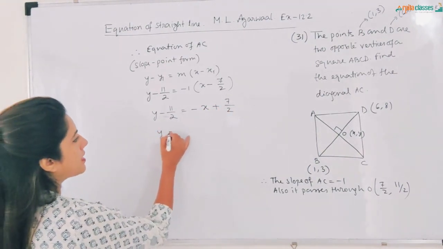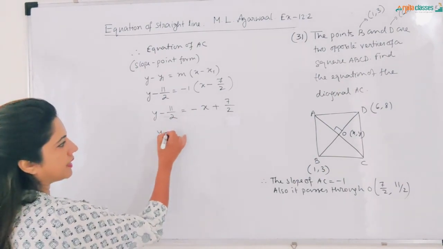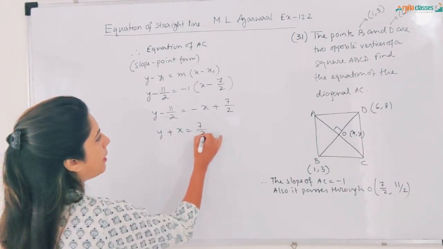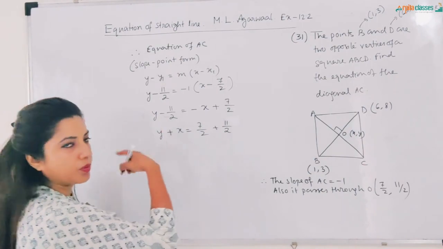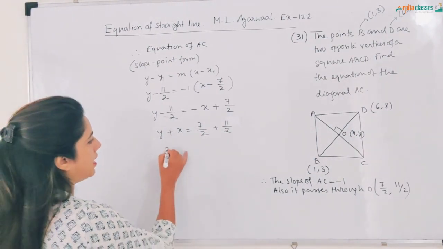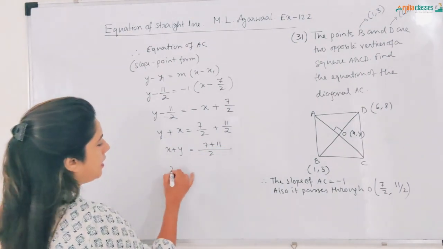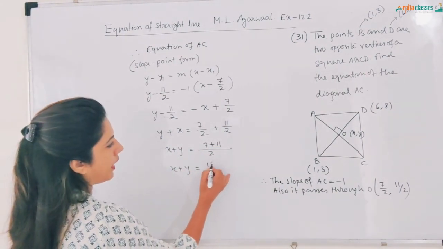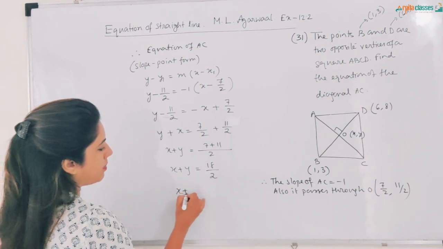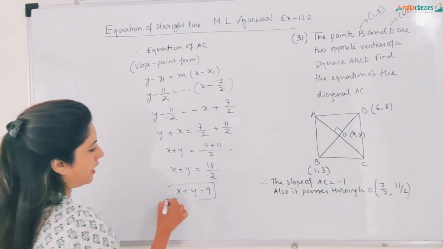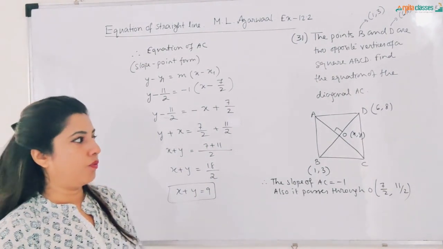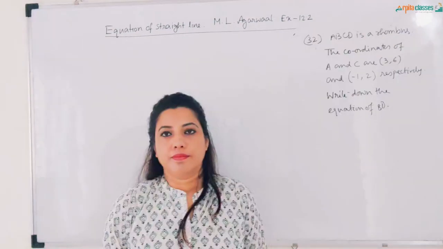So you can get X this side, X plus Y is equal to 7 by 2 plus 11 by 2. I took the constant terms on the right hand side. So X plus Y, 2 is the LCM, 7 plus 11, X plus Y is equal to 18 by 2, or X plus Y is equal to 9. So this is the equation of the diagonal AC.